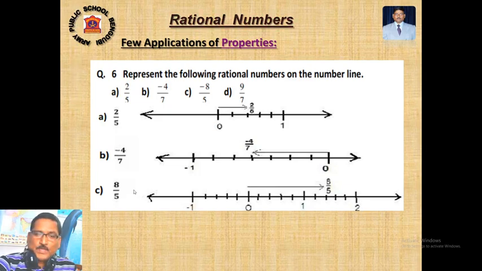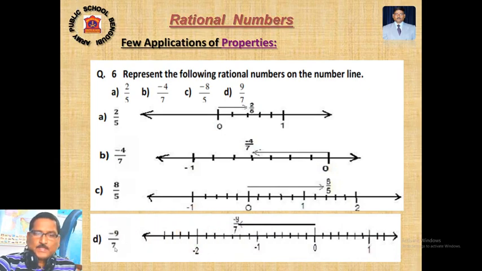Now we have to take 8 parts: 1, 2, 3, 4, 5, 6, 7, 8. Up to this portion will be the position. Little one more gap will be there. Clear? You don't write down the whole number first and then divide. First you mark the small divisions and then take the whole number.